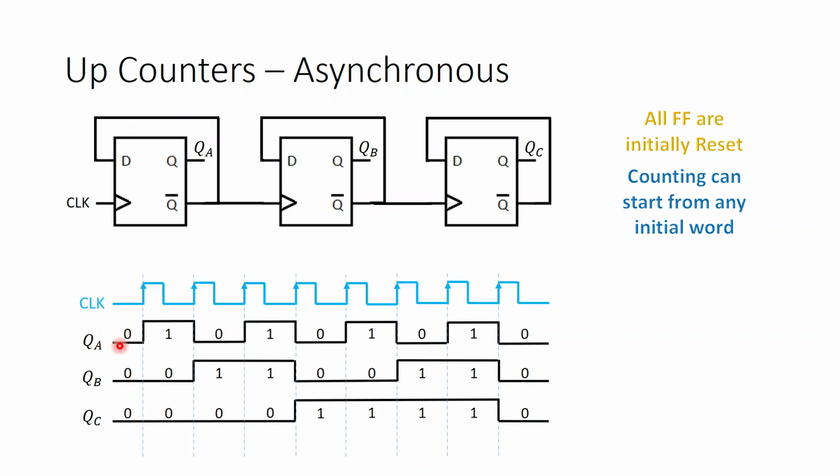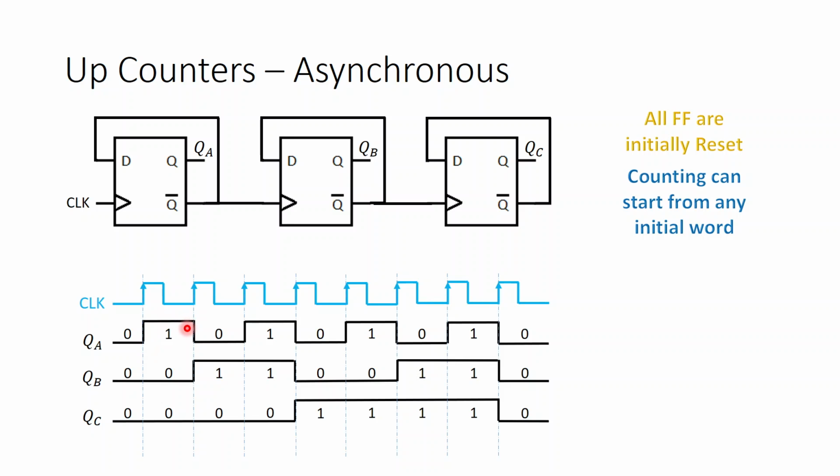However, to get the signals of interest, there may be some intermediate signals which we need to consider. Like here, QA bar, QB bar and QC bar are intermediate signals which actually decide how QA, QB and QC will change. But we have not drawn them, because we can very easily understand what QA bar will be, because QA is already drawn here.